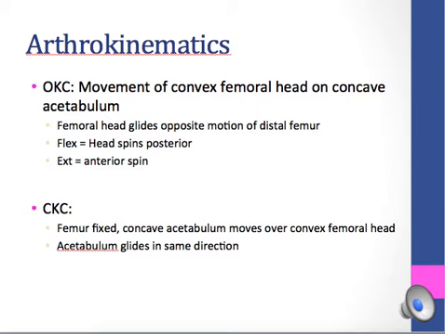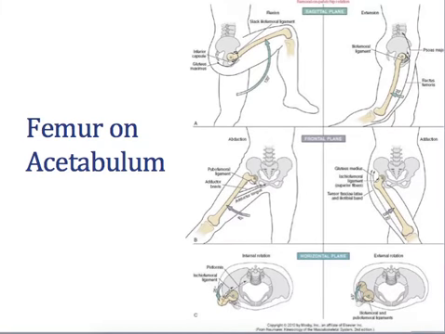So let's just go to the next slide and start to talk about what happens as we go through flexion and extension. What we're going to see is that there's really true spin occurring at this, and very little other movement. So if we're moving from neutral, we're going to see really pure spin of that femoral head around the coronal axis through the head and neck of the femur.